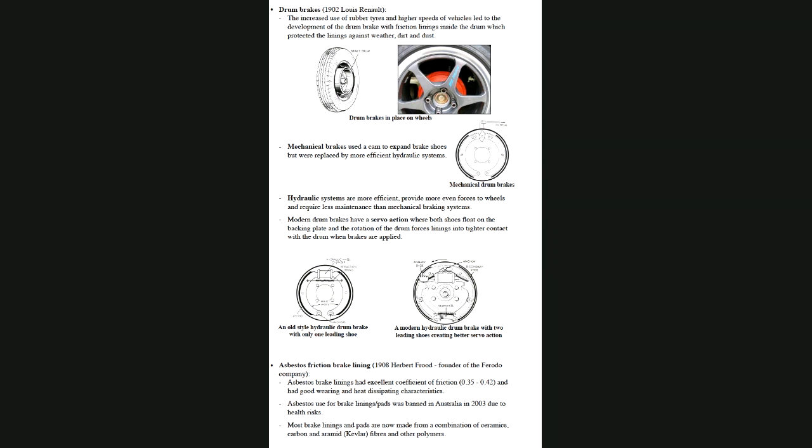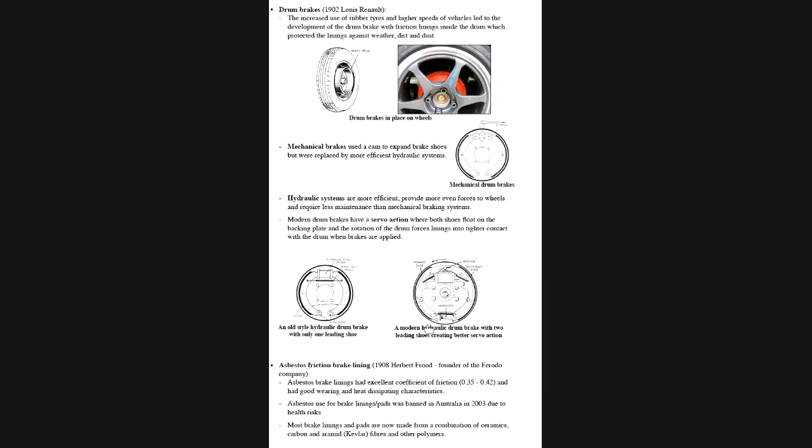And as it's dragging the lining around, it's forcing this one up against the brake drum. And that's called self-servoing. And so you don't need a great deal of force on the brake pedal to operate these because they're self-servoing. The brake linings pull themselves onto the brake drum, and that's called self-servoing.